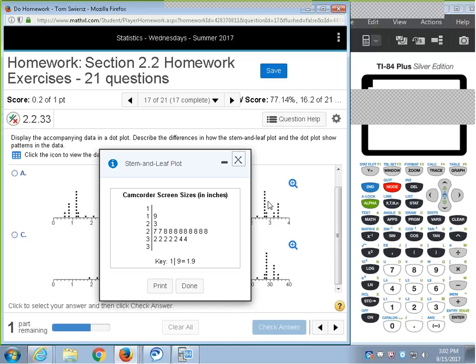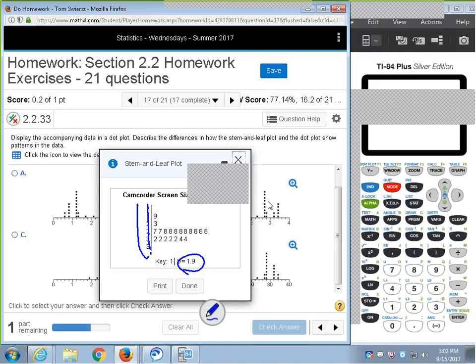now notice, be careful, the key here is 1 with the 9 means 1.9. So actually, these are the single units, and then the numbers here are the tenths, because 1-9 means 1.9, not 19.